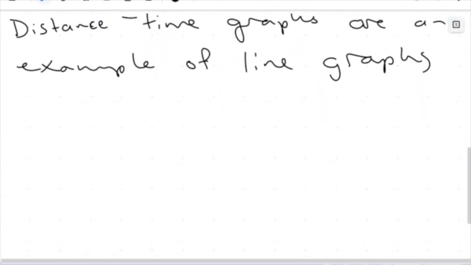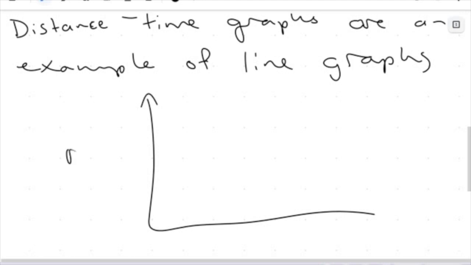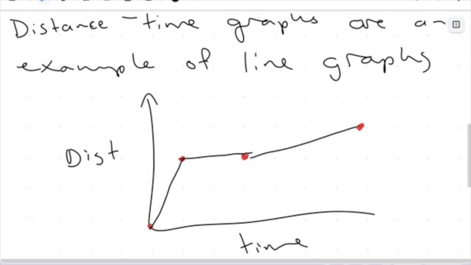Remember, we drew these with our distance and our time, and we tried to communicate information about how something was moving. We said that the speed is determined by how the distance changes with time. This is a particular type of line graph.